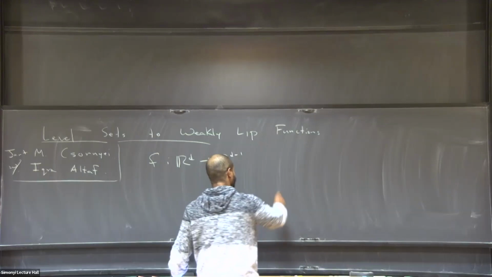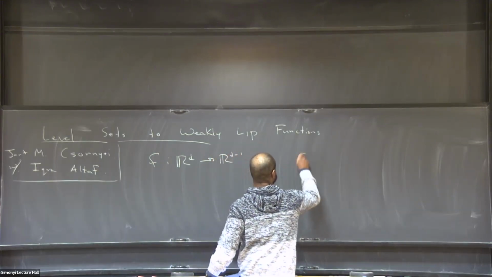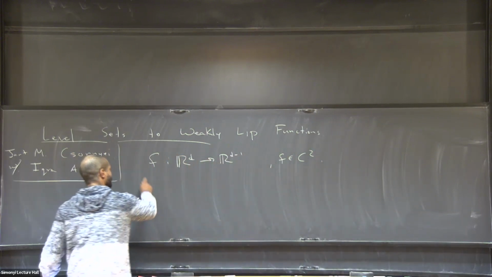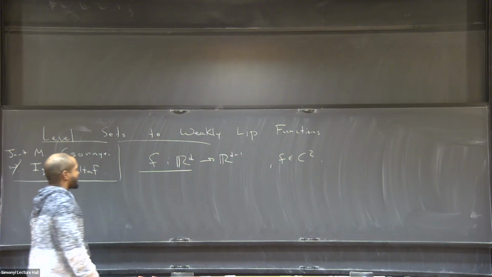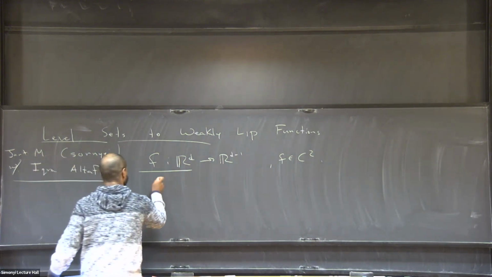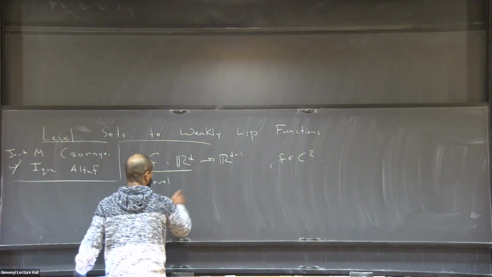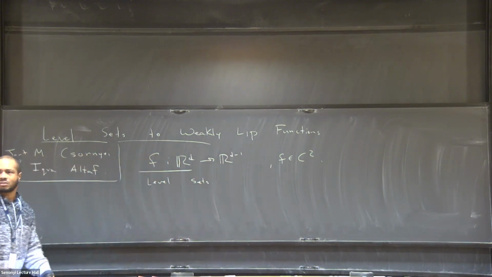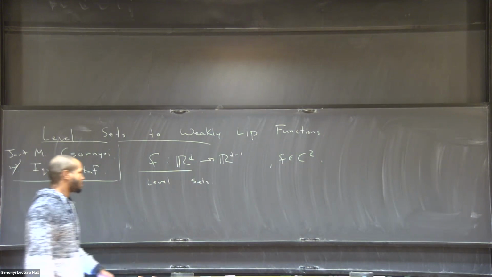You assume it's C2. Okay, and then you can see, I suppose, just by Sard's theorem, that level sets of this function are nice curves, right? Locally, just by the implicit function theorem, right?